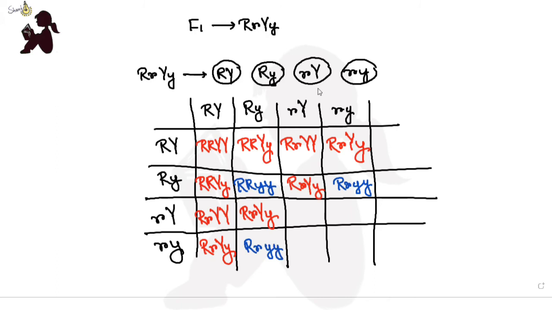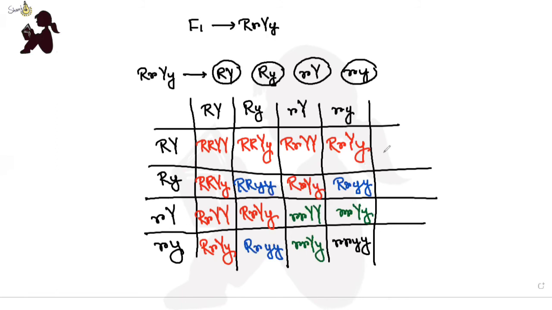Then in this place, the combination is small r small r capital Y capital Y. Here small r small r capital Y small y. Here the same, small r small r capital Y small y. And lastly, small r small r small y small y.